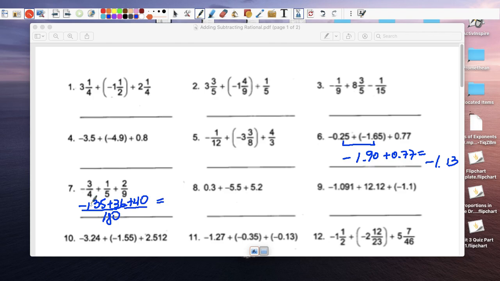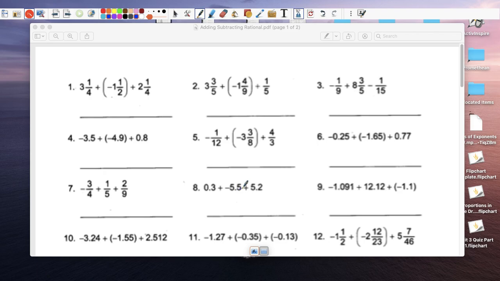Okay, so we're going to get 180 at the bottom, negative 135 plus 36 is negative 99, and negative 99 plus 40 is negative 59. God, I hope my math is not incorrect. Okay, it's not incorrect.